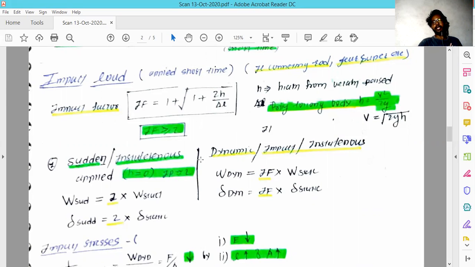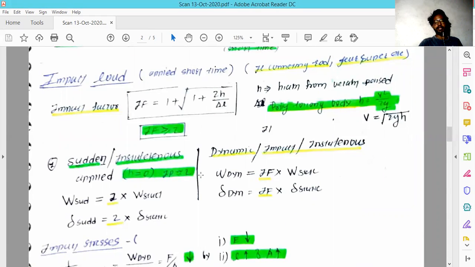In the free fall condition, we know the formula v equal to under root of 2gh. The same formula we use to find the value of h: h is v square by 2g. With respect to that, you can find it out.